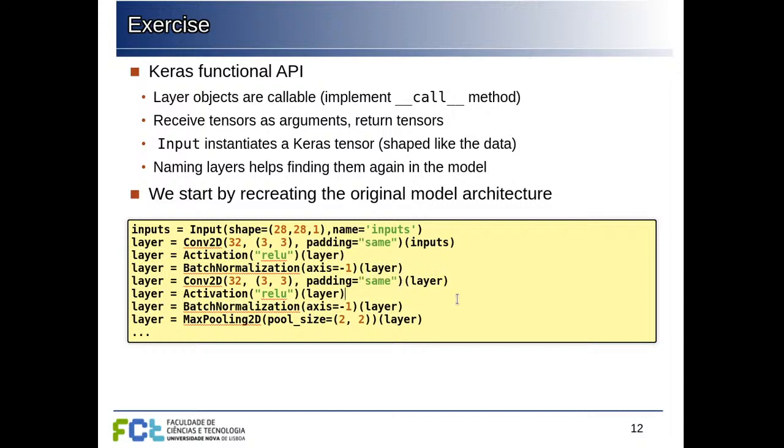So using the functional API this way, we can do the same thing that we did with the sequential API using the add method, but the syntax here is different because we are calling each of these layers as functions on the output of the previous layer.